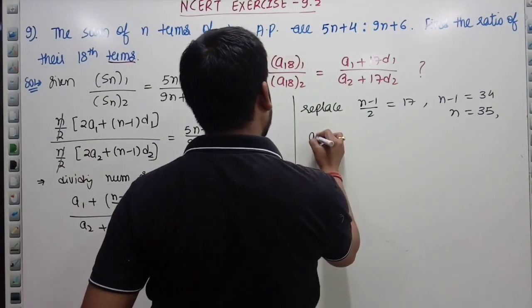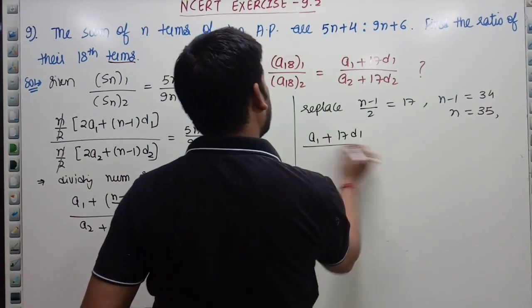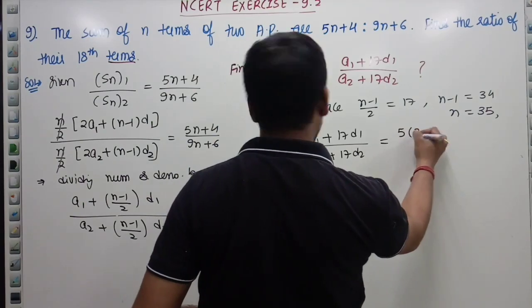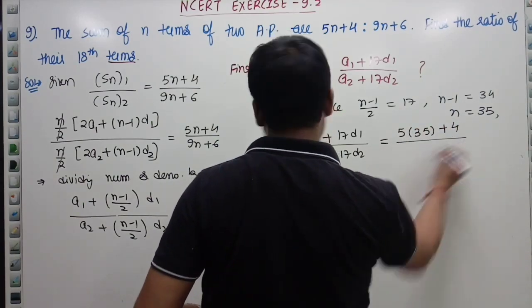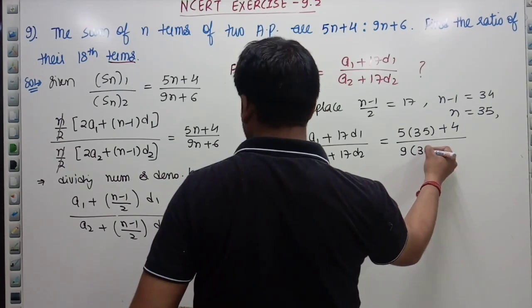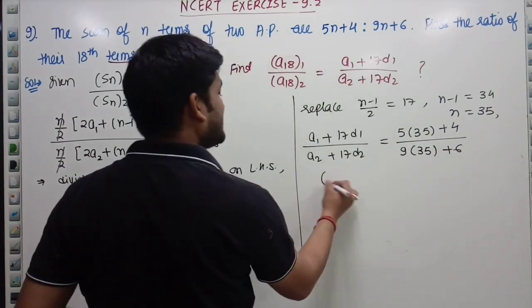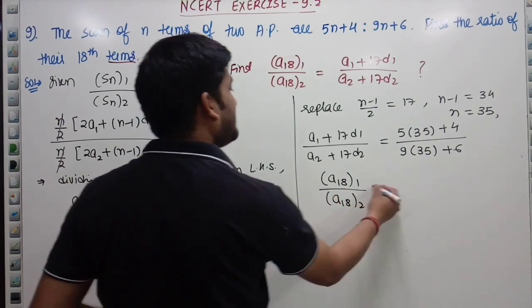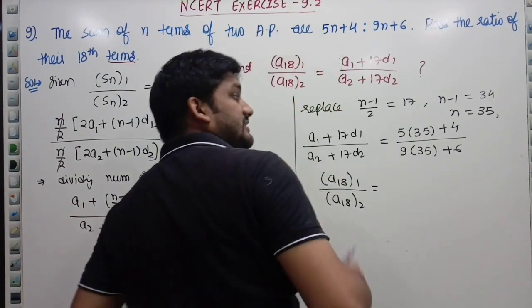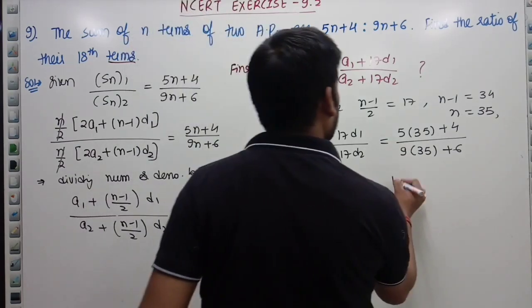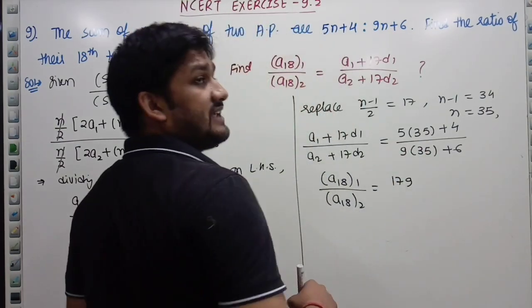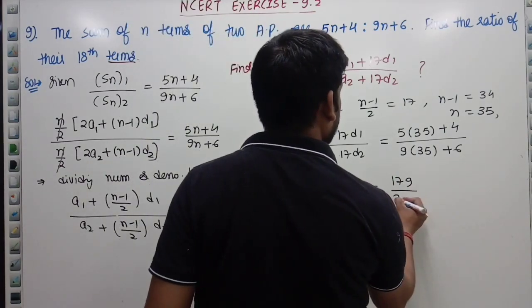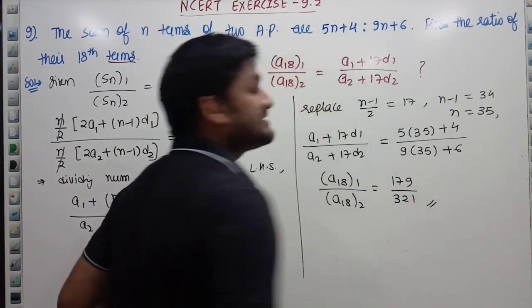So I will have a1 plus 17 d1 upon a2 plus 17 d2 is equal to 5 into 35 plus 4 upon 9 into 35 plus 6. So this is the 18th term of the first AP over the 18th term of the second AP. 35 fives are 175, plus 4 is 179, then 35 nines are 315, 315 plus 6 is 321, and this is the answer.